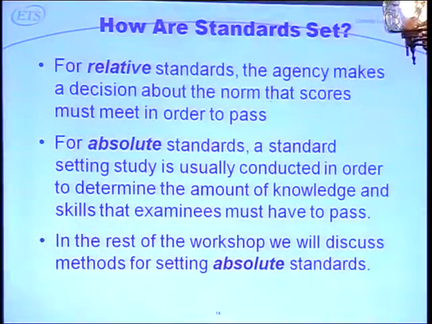So there are advantages and disadvantages of both kinds of cut scores, and you may use the different types in your countries. With the absolute cut score, you know that if we all take the test and we have an absolute cut score, that we all have a certain knowledge of skill and ability.